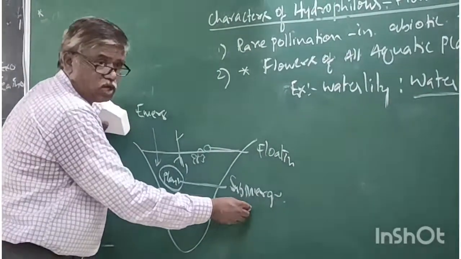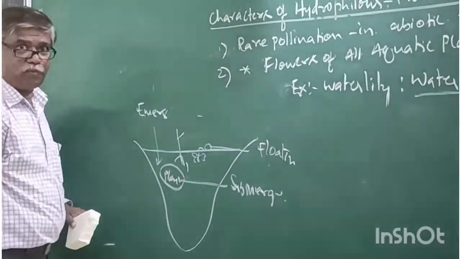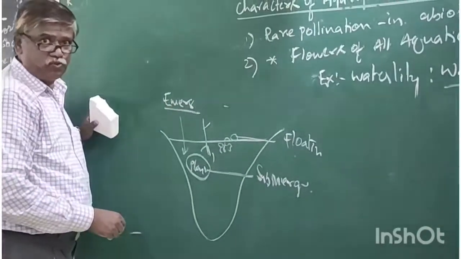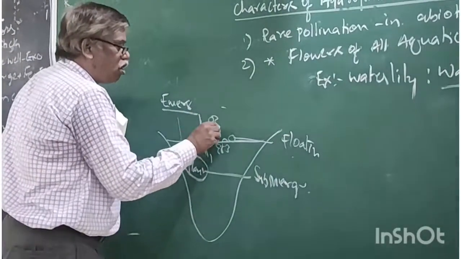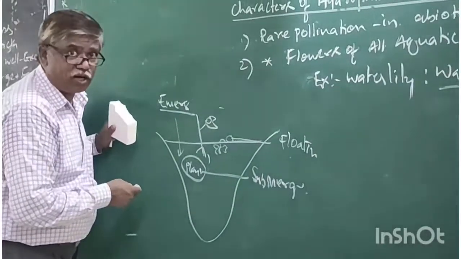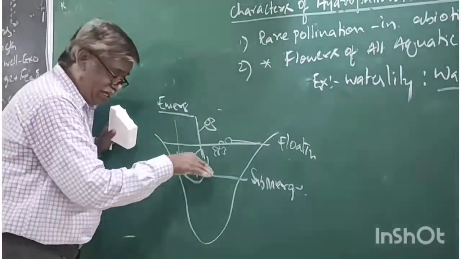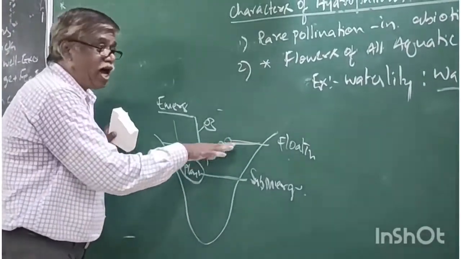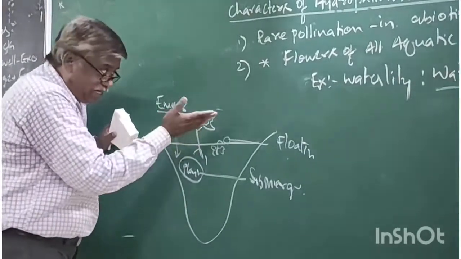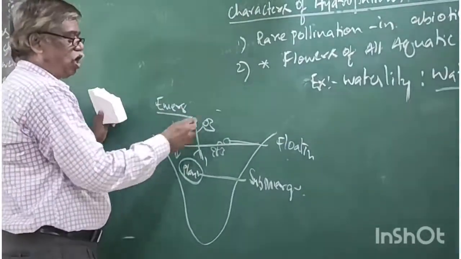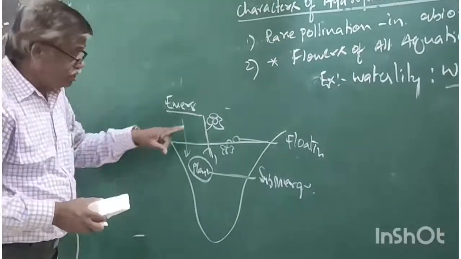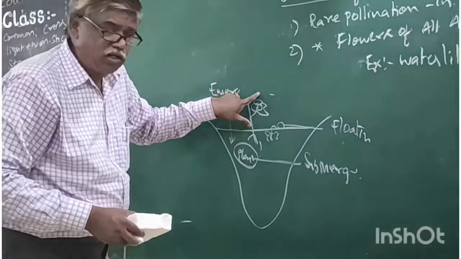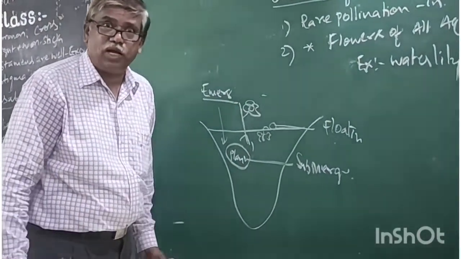Floating, submerged, all are aquatic. But in emergent plants, the flower is neither inside the water nor on the water surface. It is above the water. Due to being above the water, water cannot help in pollination.